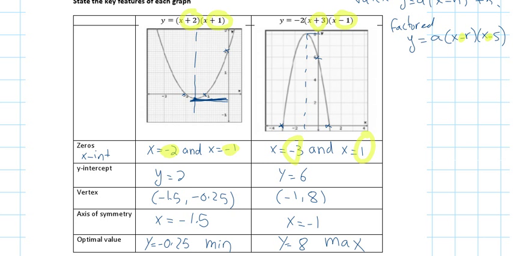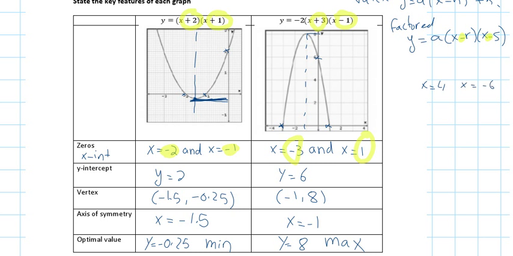Now, that being said, r and s represent your zeros. So if I know my zeros, I can make my formula, my equation. I can write my equation if I know my zeros. Let's say the zeros are x equals 4 and x equals negative 6. I already know my zeros.